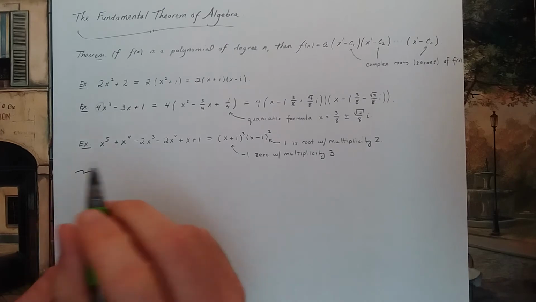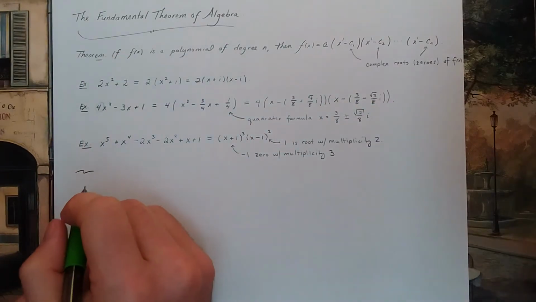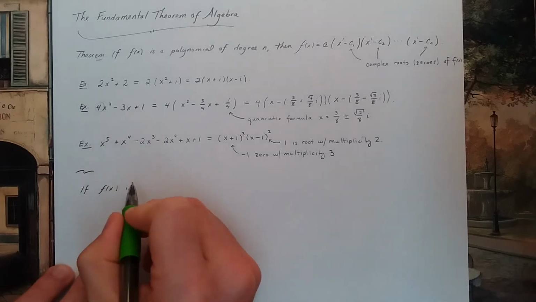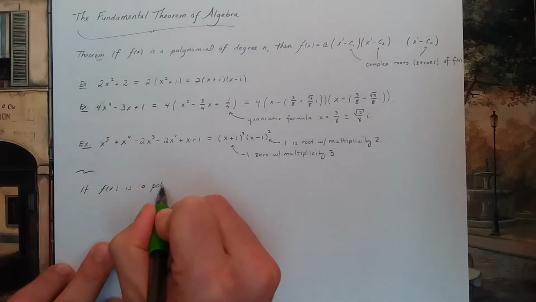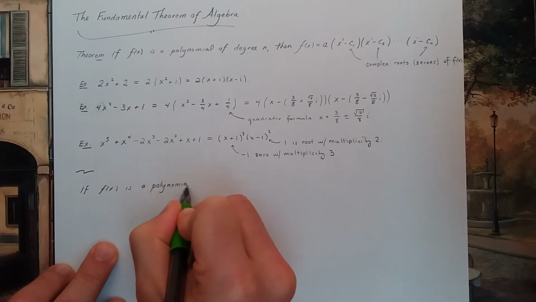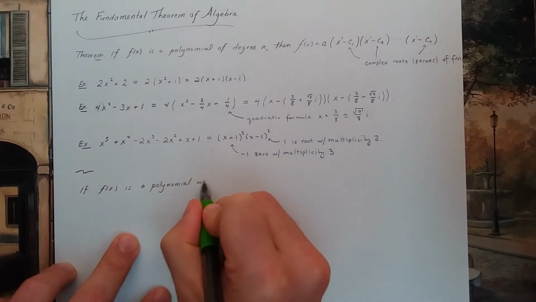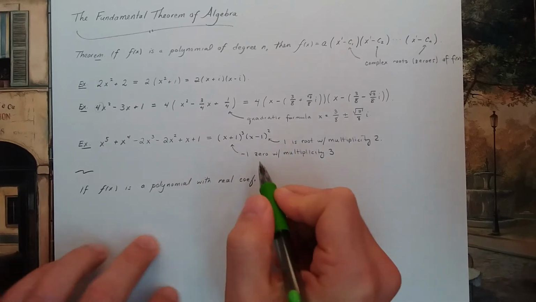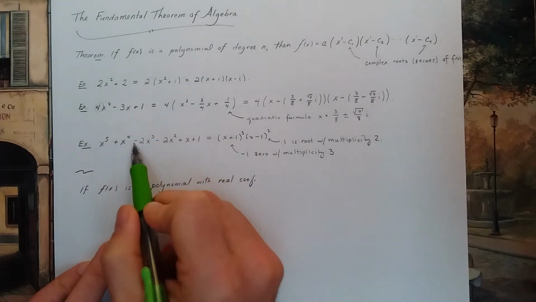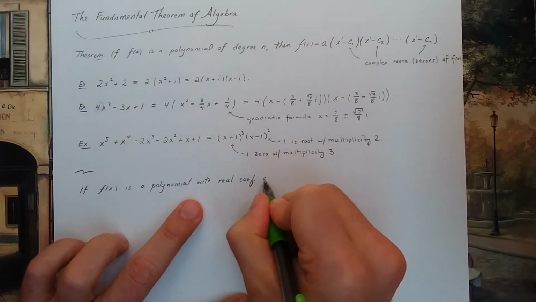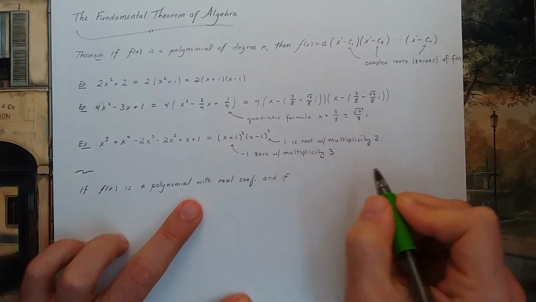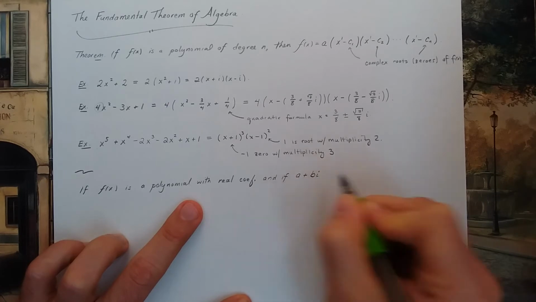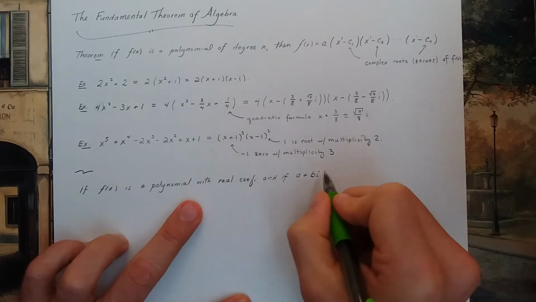Okay, so here is an observation about the fundamental theorem. If f of x is a polynomial with real coefficients. So you're only permitted to have real numbers as coefficients, like in all of these previous examples. And if you get a complex root, a plus bi, so a and b are real numbers, and I get a complex zero.